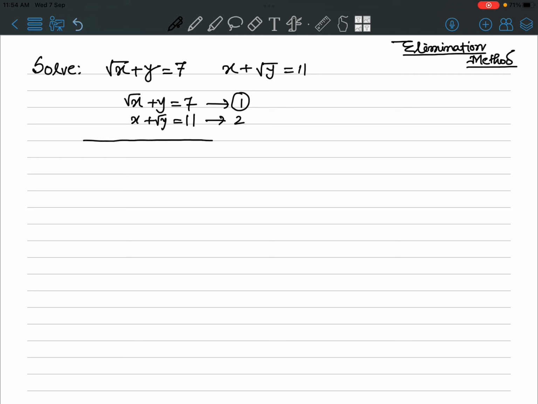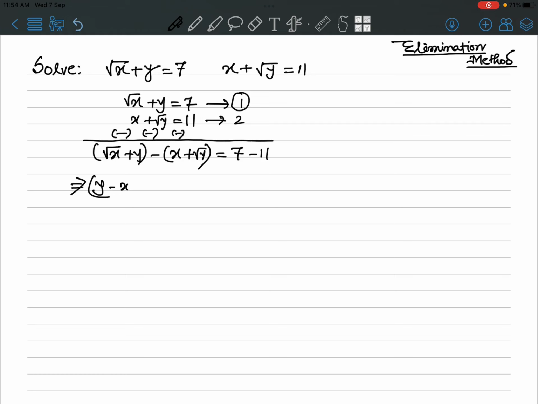To eliminate, we will use subtraction. Now subtract it. What will we get? We will get root over x plus y minus root over x plus root over y equals 7 minus 11. Now we can rearrange it.